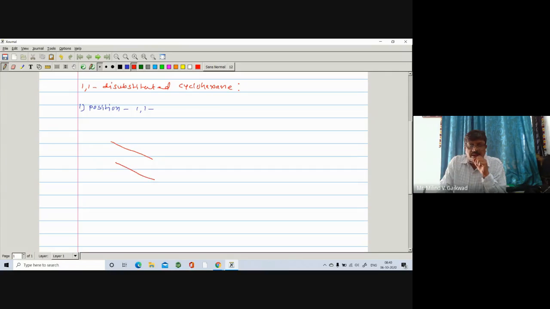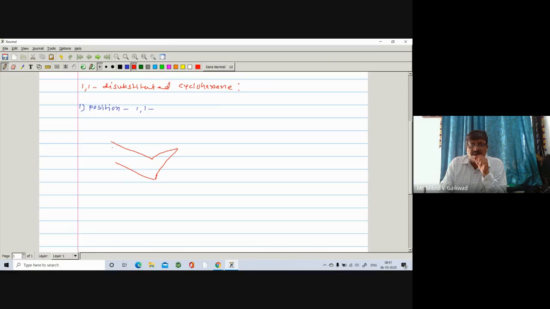These are the two parallel lines, right? The length of these two lines is the same, and they are parallel to each other. Then this carbon is somewhat above, right? So you have to join this bond, right? In this way you have to join.